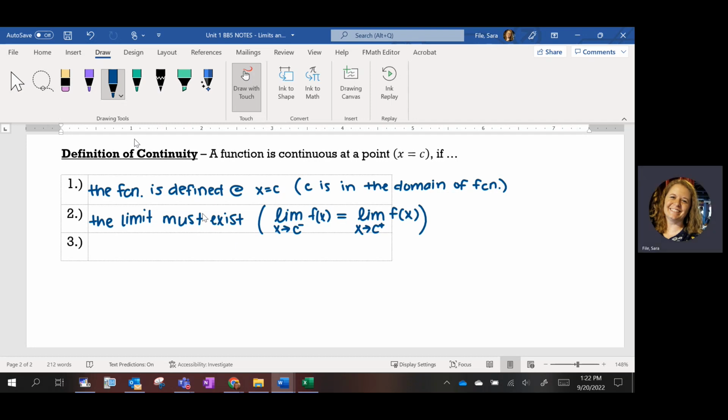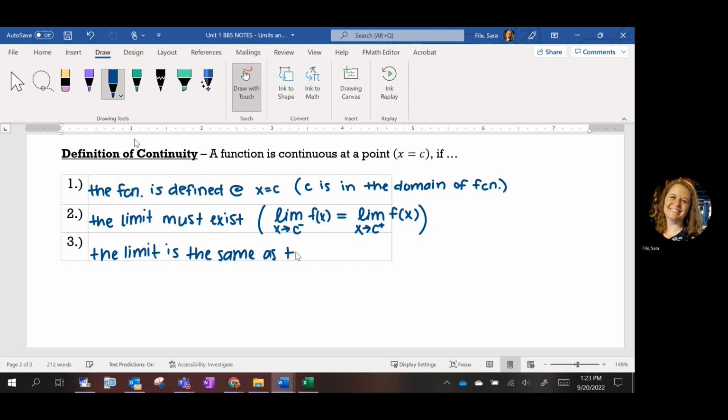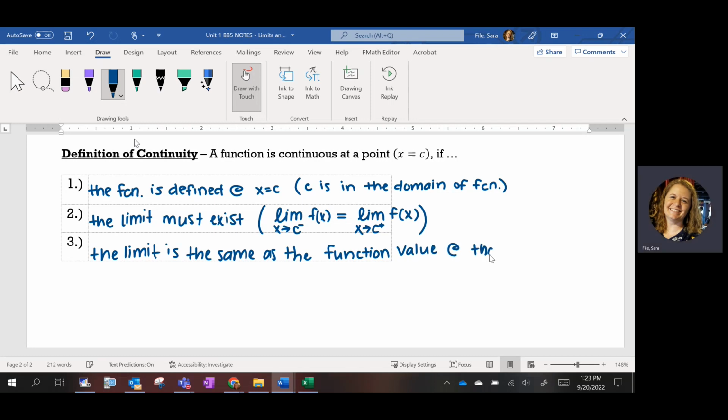Now those first two could be true and the graph still be discontinuous. So there's a third condition that has to be met, and it's that the limit that we just determined does exist is equal to, or is the same as, the function value at that point.